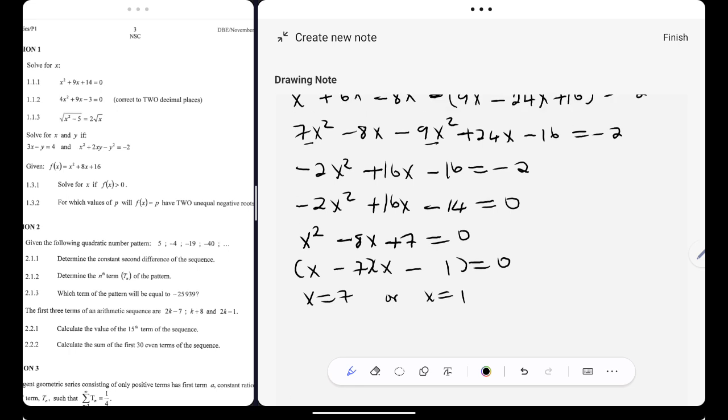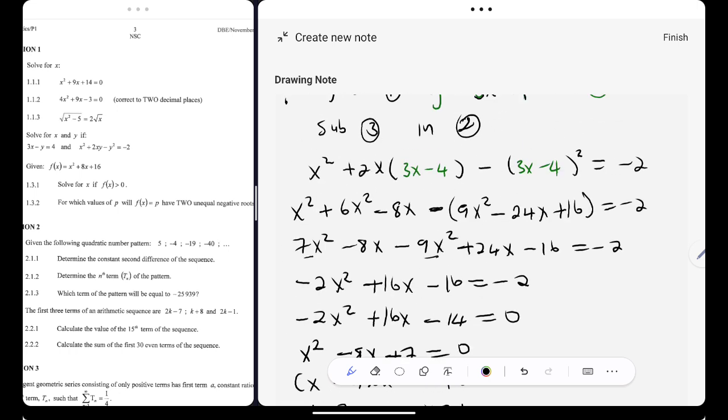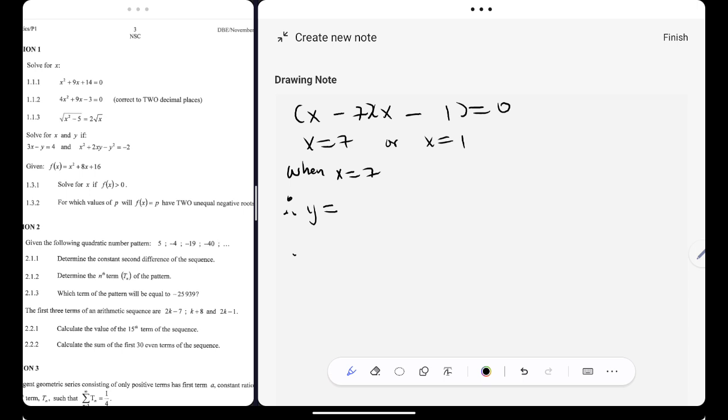But I need to solve for y as well. So I can say that when x is 7, therefore y is equal to, remember I said that from forming equation 3, y is 3x minus 4. I'll just substitute my x there. Therefore, my y value whenever x is 7 will be 21 minus 4, which is 17.